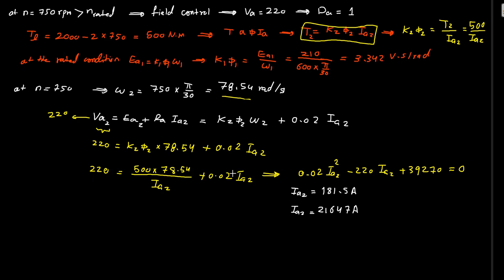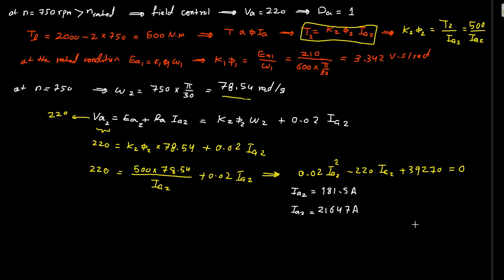Now which one will we choose? Now if we compare, this is below the rated, this is much higher than the rated. So the first indication is that you will select the first one.